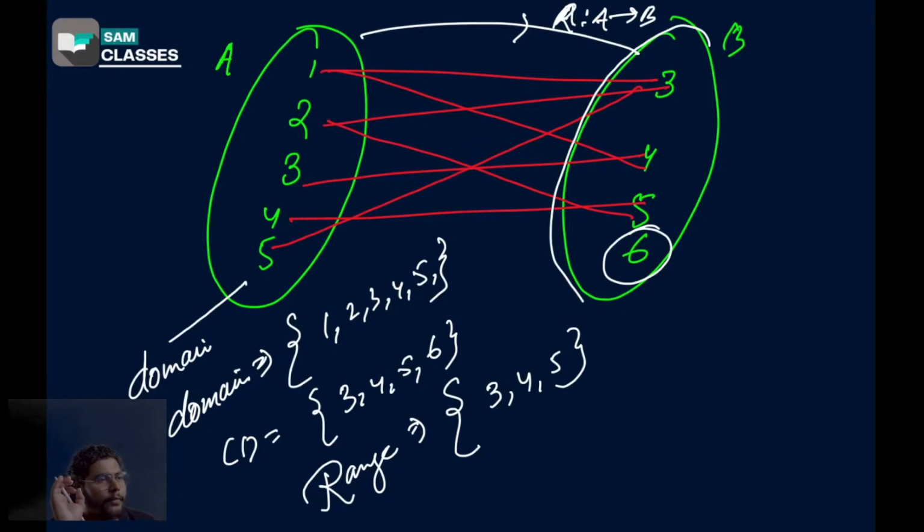Everybody got the concept of domain, codomain and range? Yes or no? Very simple, yes or no? Tell me. Fast. Come on. Kartike, yes. What about others?